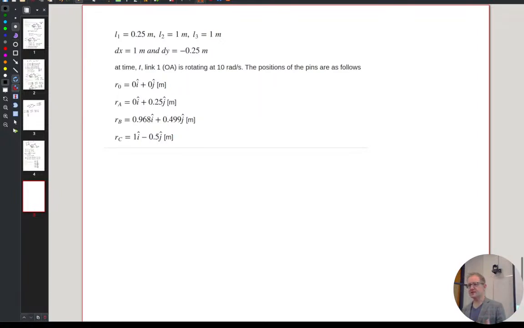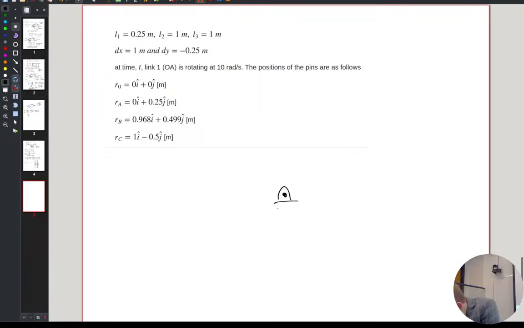This is just to give you some appreciation of how easy it is once you set it up as a computer problem. You can solve for all of these states with a millisecond's worth of computational work. Then we'll take a look at the vector laws again to see if they still apply.